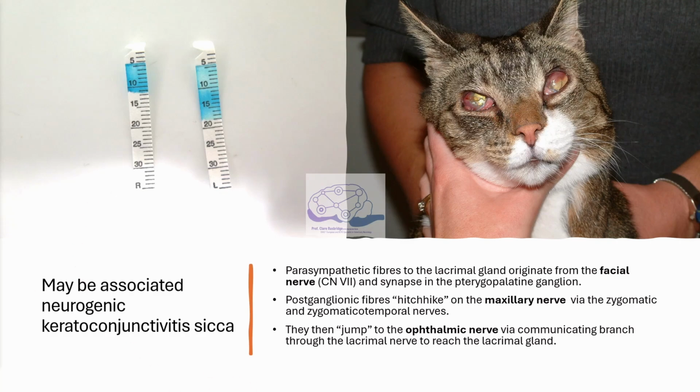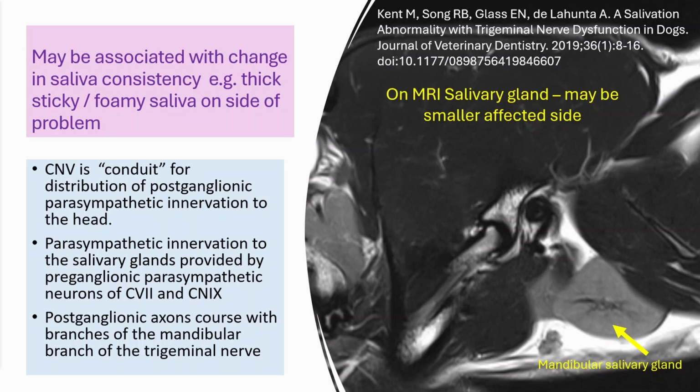The other thing, which is less commonly observed but you may see it, is a change in the saliva consistency. The most common change reported is a thick, sticky or foamy saliva. This is not because the trigeminal nerves supply the salivary glands, but because it's a conduit for the distribution of postganglionic parasympathetic innervation to the head.